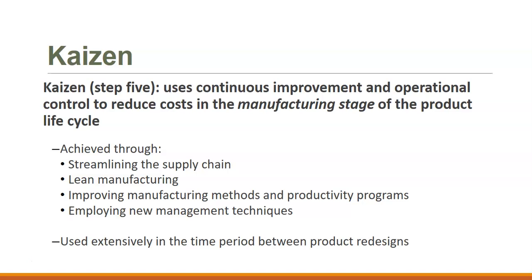We might move from a normal manufacturing production to a cell production or just in time production. And we're mostly looking at the time period between product redesign. So remember, Kaizen focuses specifically on the manufacturing production part of the life cycle.